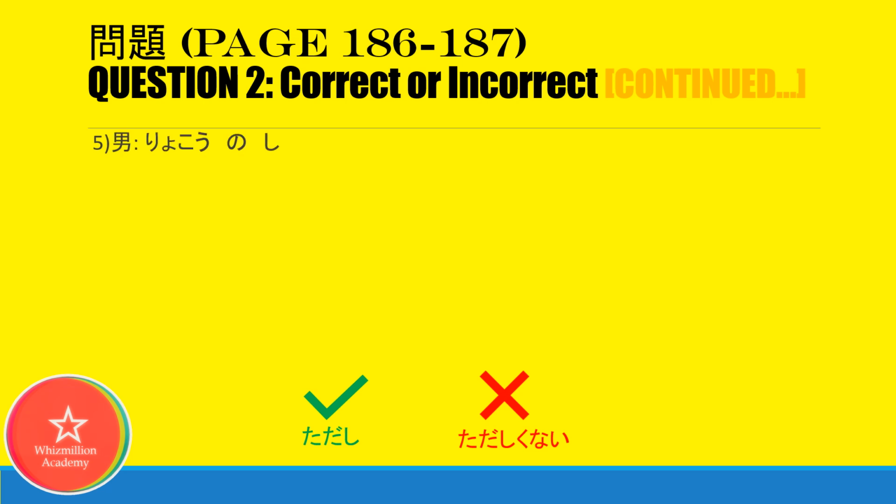Question number 5. 男の人。玲子の写真ですね。It's a travel photo. 女の人、どの人ですか?